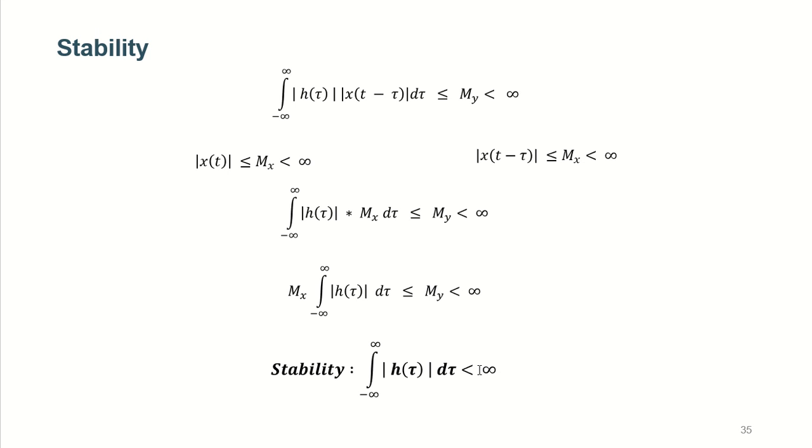And what does this condition show? This condition shows that bounded input bounded output systems have an absolutely summable impulse response. We can also see it like that, because basically by taking the integration you are just taking the addition of the system.